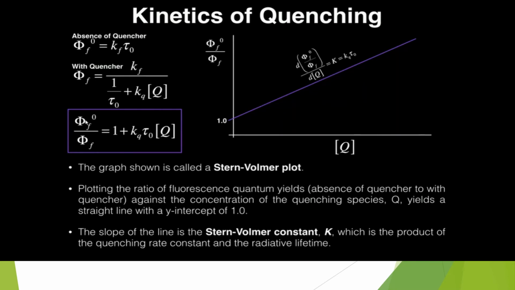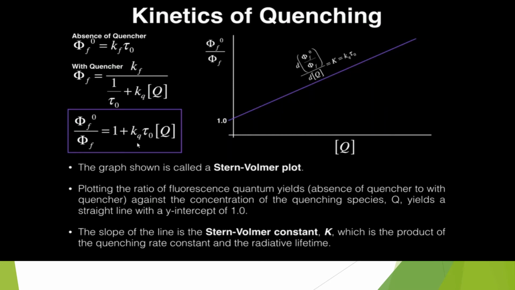When you do this quotient and simplify it as much as possible, you'll find that the ratio of the fluorescence quantum yield without the quencher to the fluorescence yield with the quencher is equal to 1 plus this whole term: the rate constant of quenching times the radiative lifetime of the species times the concentration of the quencher. For a given species that fluoresces, the radiative lifetime is a constant.